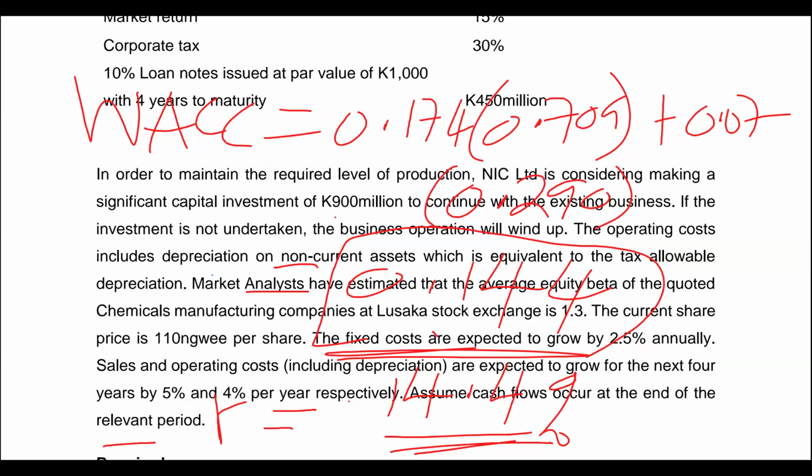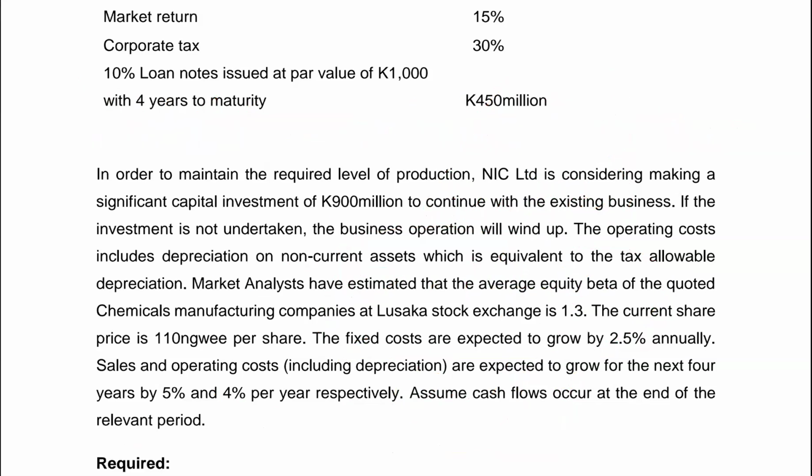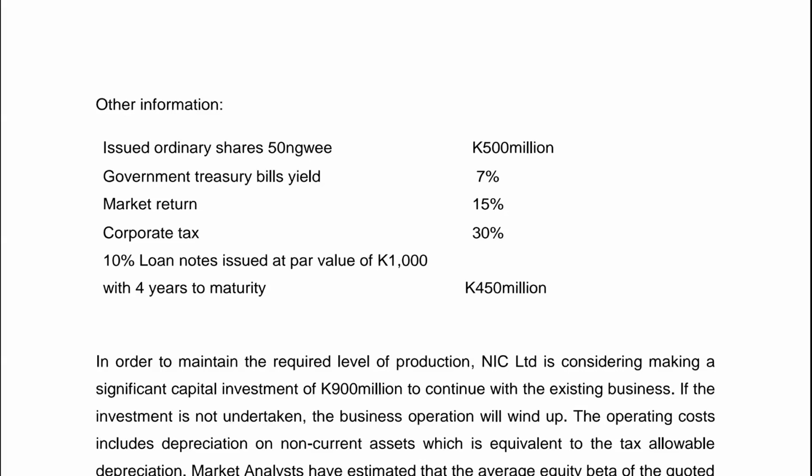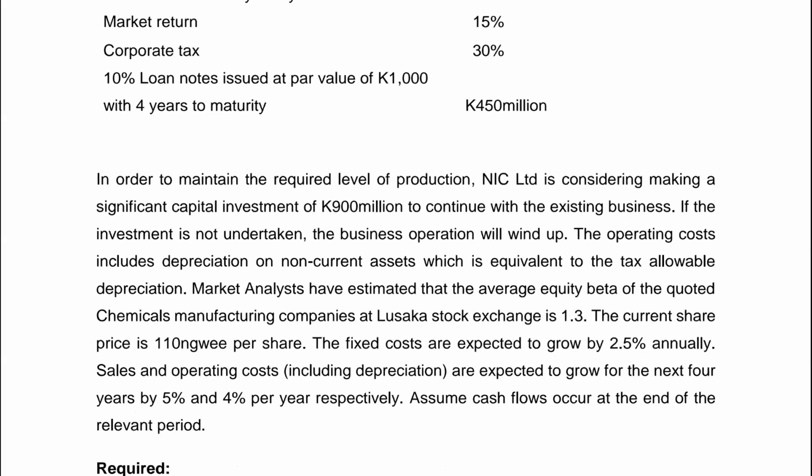Are you fine with this one? I think this is similar to what we did yesterday. All right, now let's move on. Let's establish the cash flows. Now you listen very carefully.